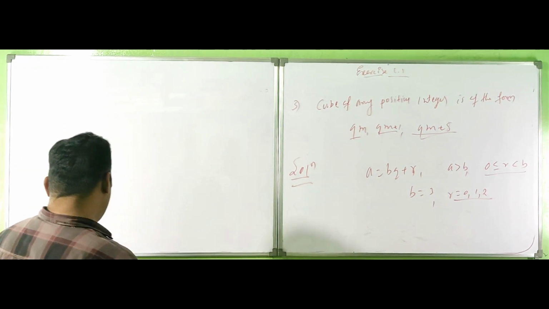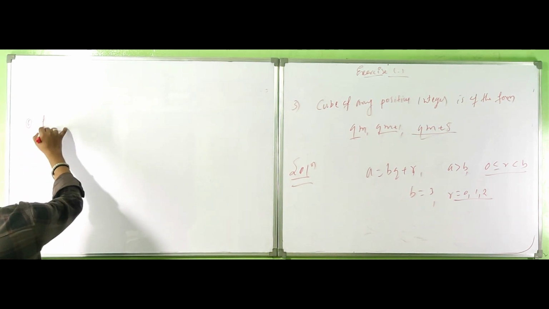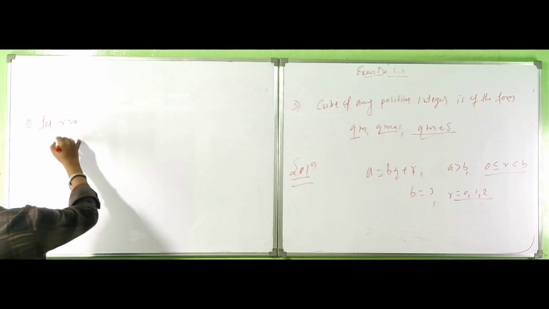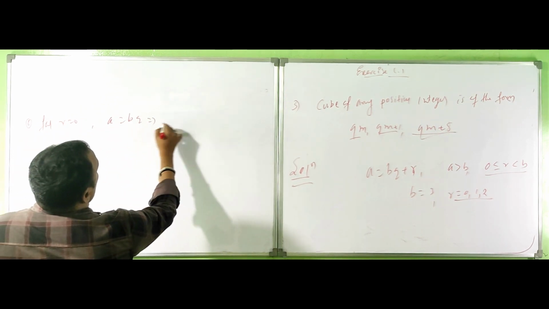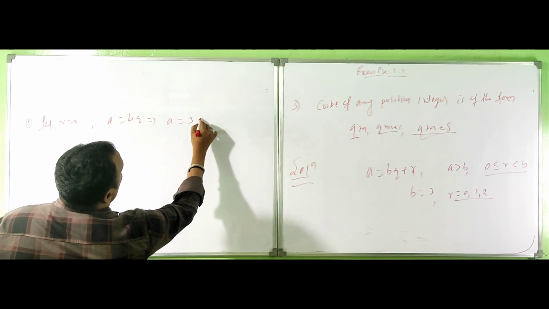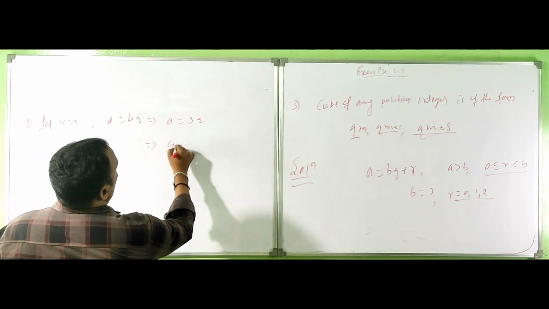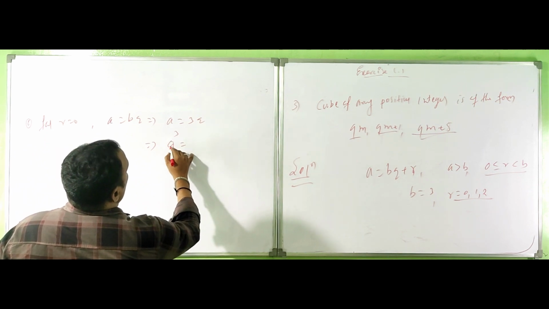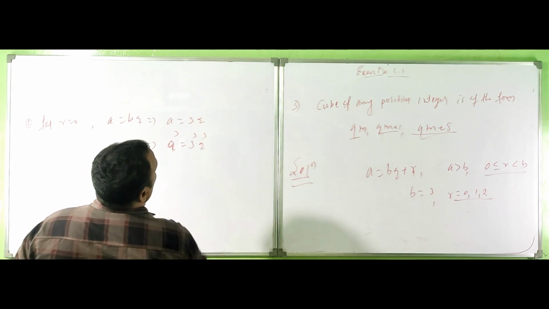Again, right? So now for r is equal to 0, a becomes 3q, right? So cubing on both sides, this becomes 3 cube into q to the power 3.